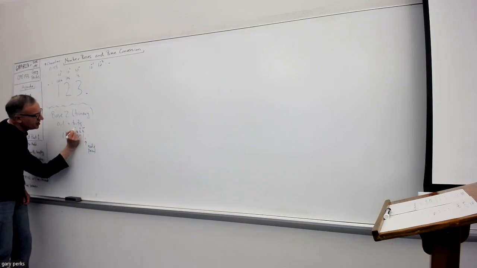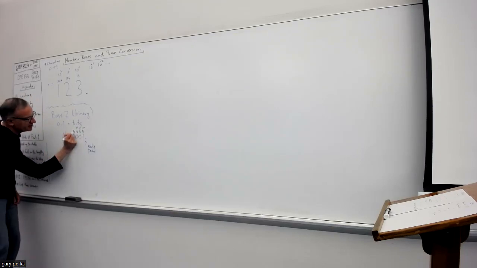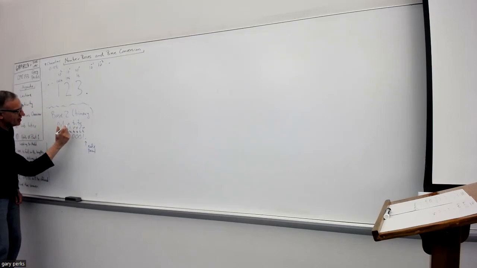This is the 4s column, 2 to the 2. This is the 8s, 2 to the 3. This is the 16s, 2 to the 4. This is the 32s, 2 to the 5. And this is the 64s column, 2 to the 6.